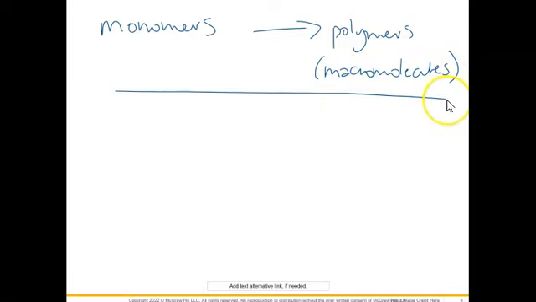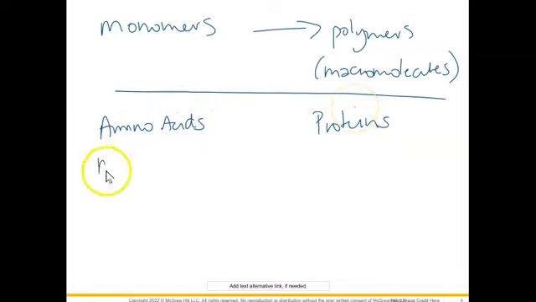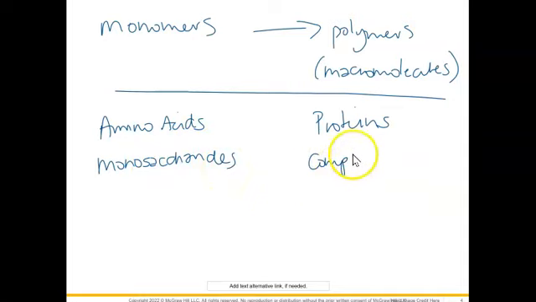And some examples of those that we've already talked a little bit about are amino acids being hooked together to form proteins, monosaccharides being hooked together to form more complex carbohydrates, also known as polysaccharides.